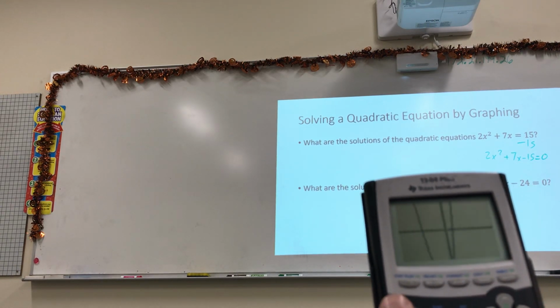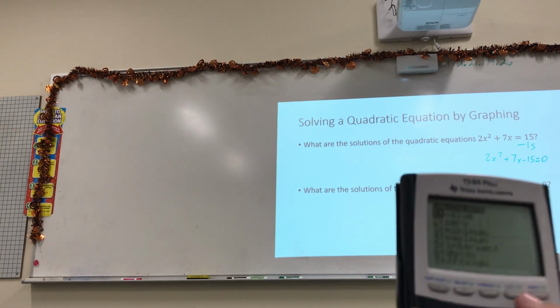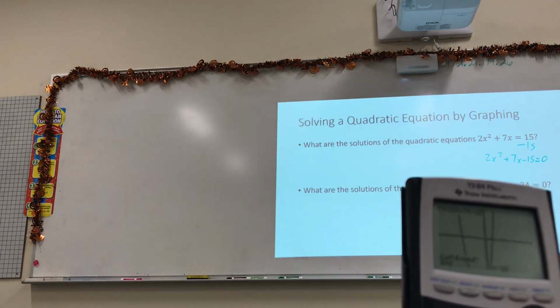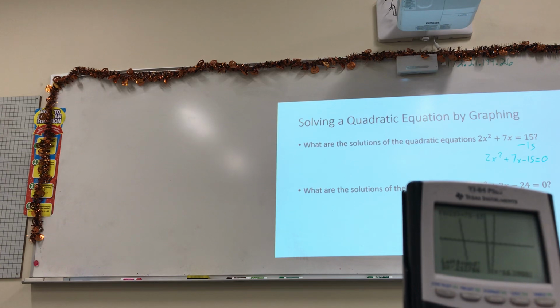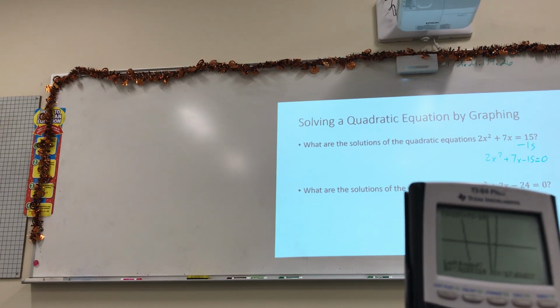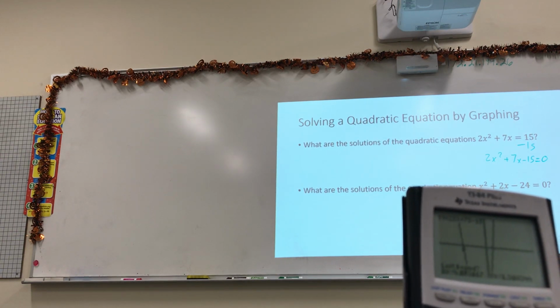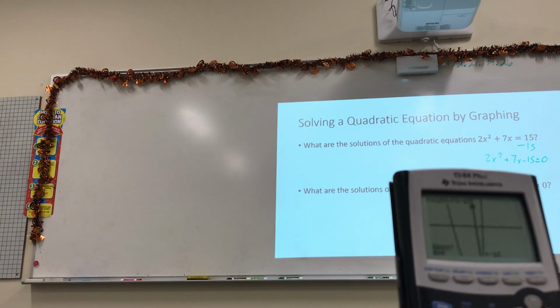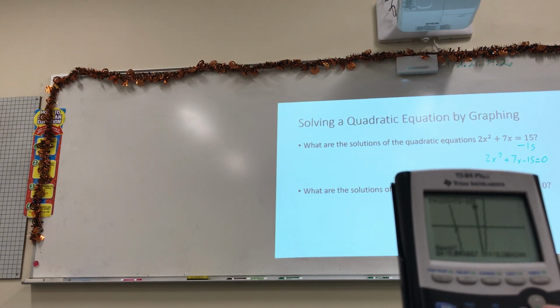And it goes through 2 points. We want to then hit second trace, which is calculate, and I think we want to hit the 0. Skipping over it.